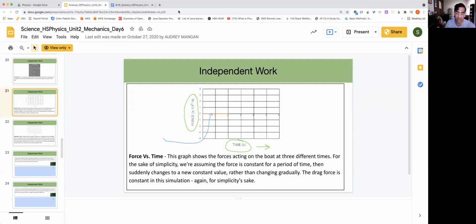So that means either the boat is at rest, or the boat is traveling at constant velocity.